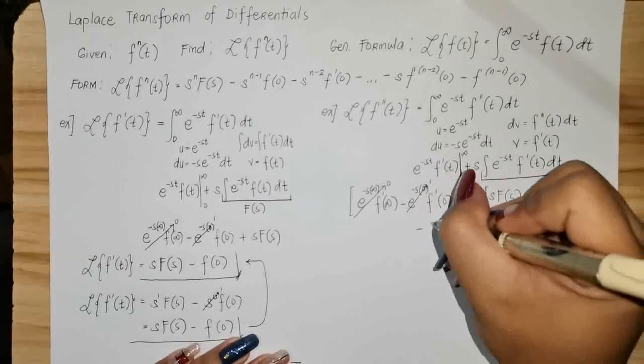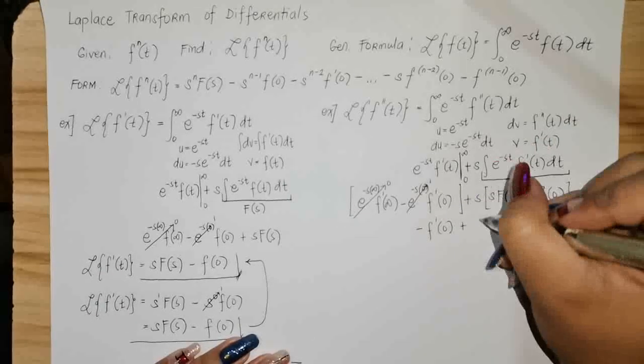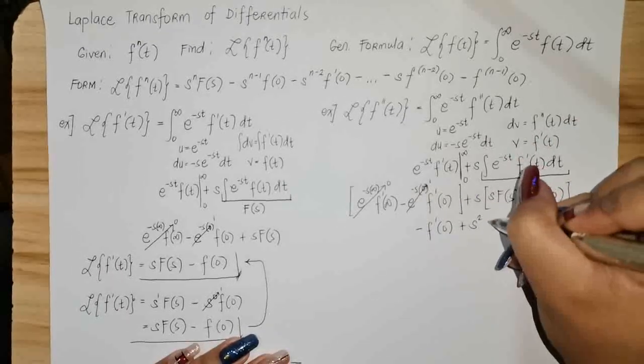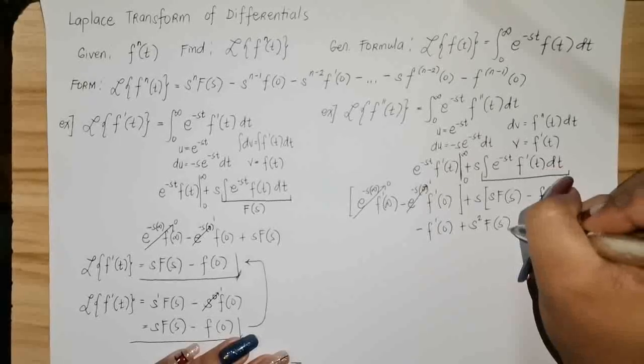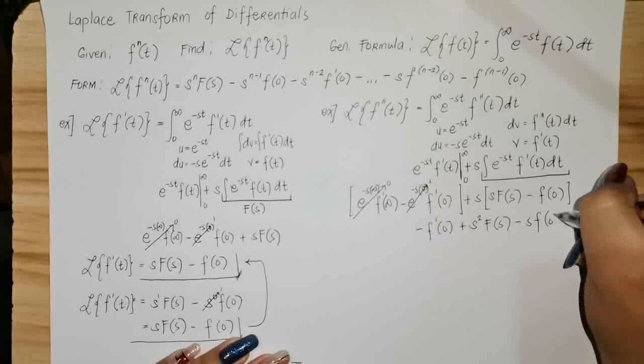So this will be minus f prime of 0 plus, simplifying this part, s squared multiplied to F of s minus s multiplied by f of 0.